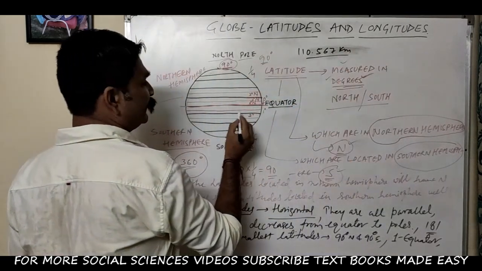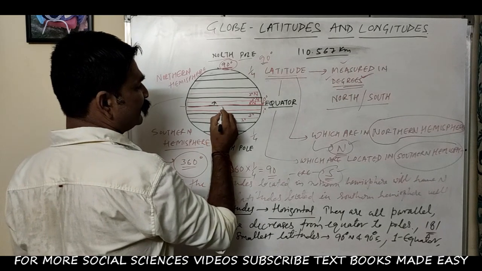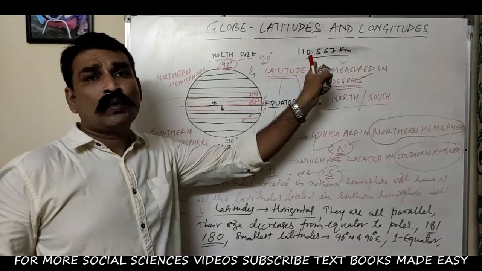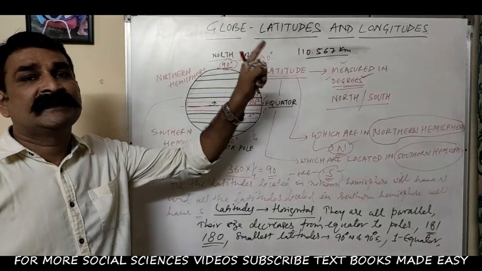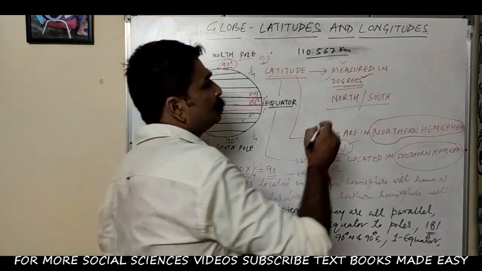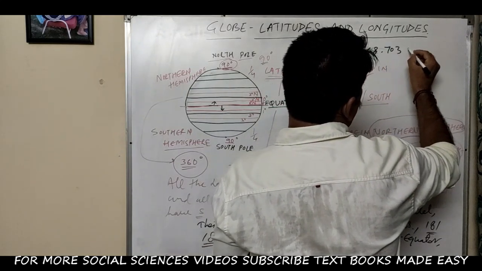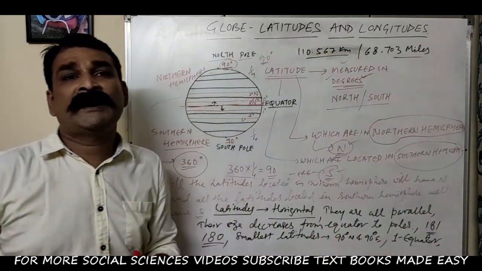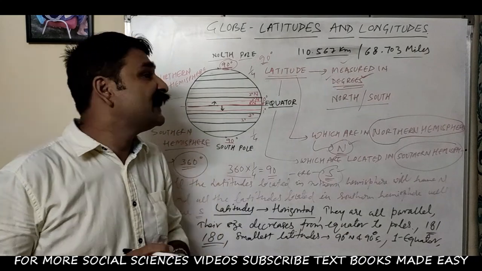That is here, between this equator and this latitude, the distance is 110.56 kilometers, and in miles it would be 68.703 miles.